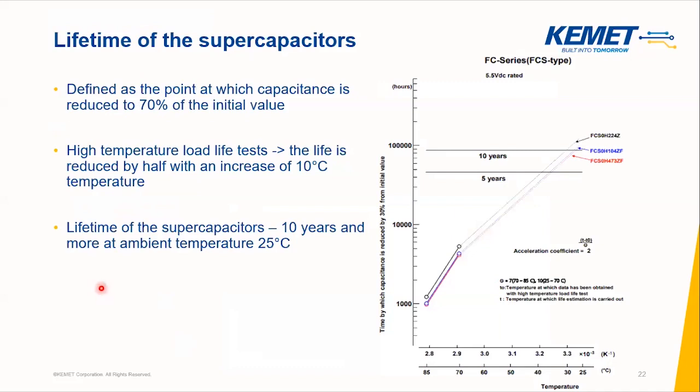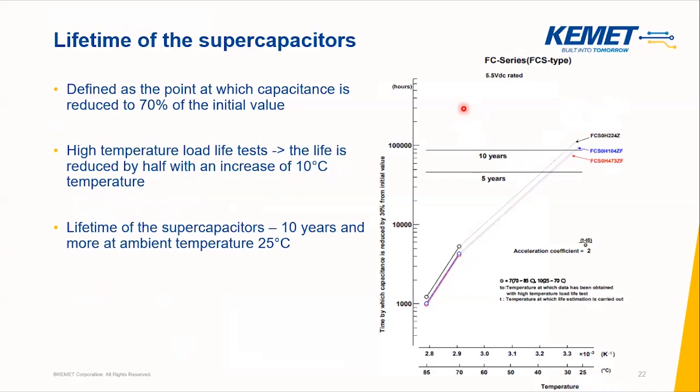When it comes to the lifetime of supercapacitors, we define the end of life for the supercap as when its capacitance value is reduced to 70% of the initial value. In the high temperature load life test, the life is reduced by half with an increase of 10 degrees in temperature.